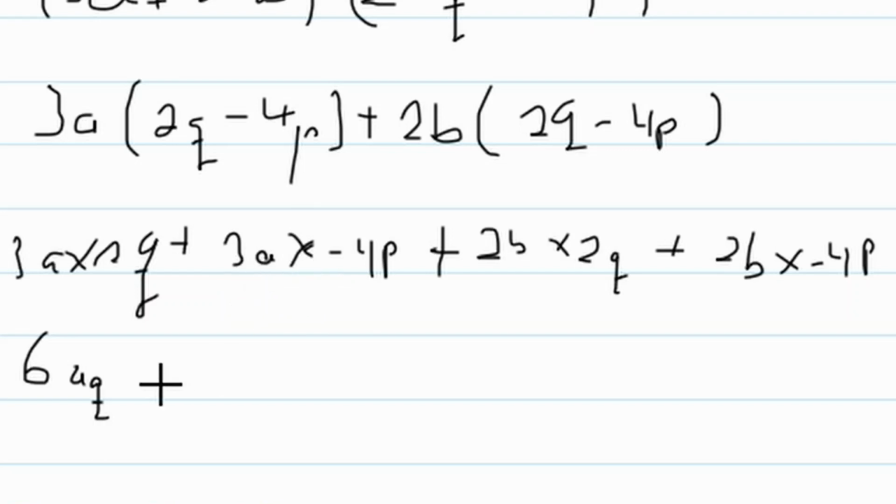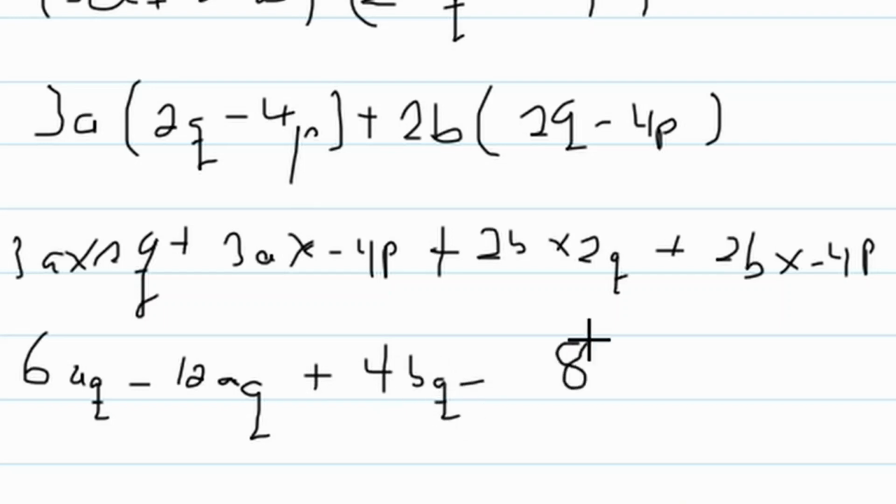Positive and negative will result in a negative answer, so I'll bring my negative here. This is going to give me minus 12ap. Then plus 2 times 2 gives me 4bq. Then minus 8bp. Okay, so when you are done with this, then you look at the variables if there are terms which are alike.